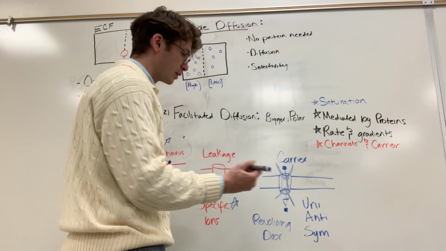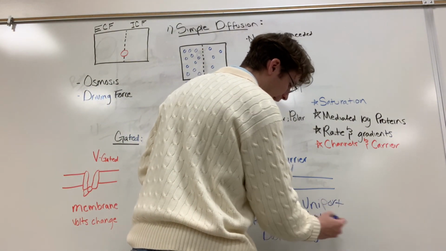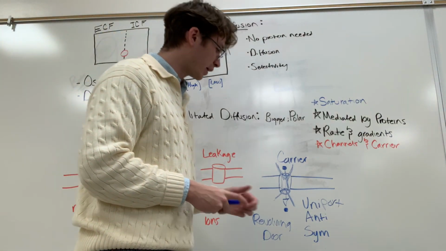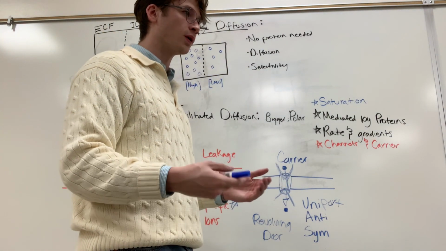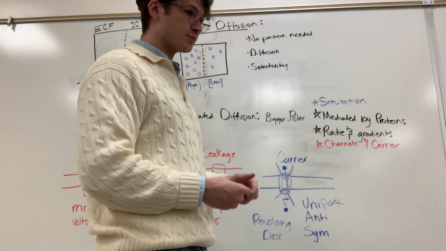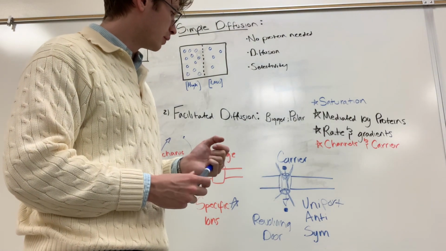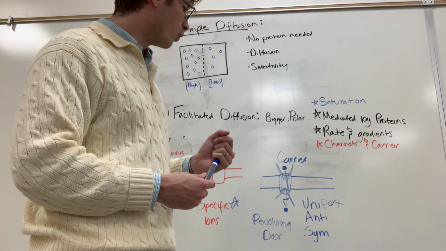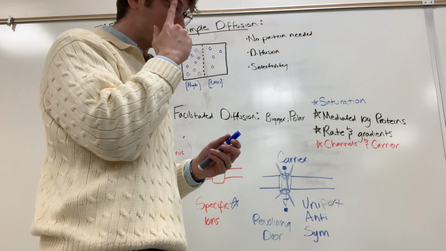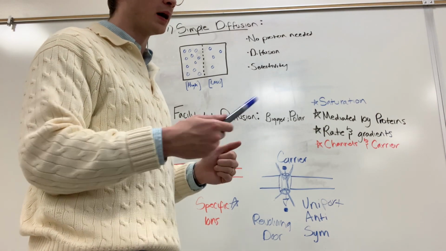When we're talking about this, we're talking about uniport, antiport, or symport. This just refers to the type of channel this is. A uniport will only allow one ion or chemical to go down its gradient, so from high to low.